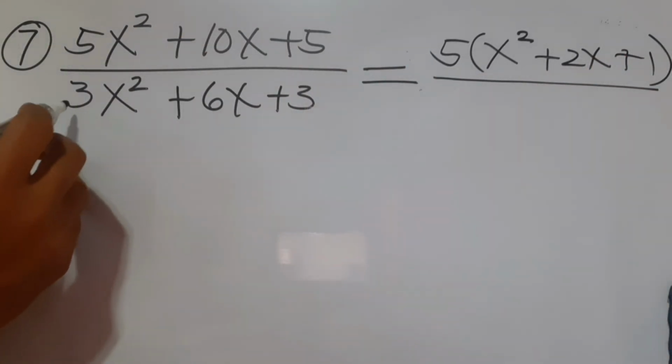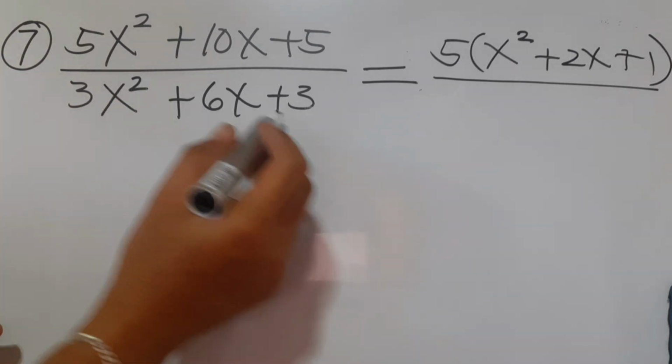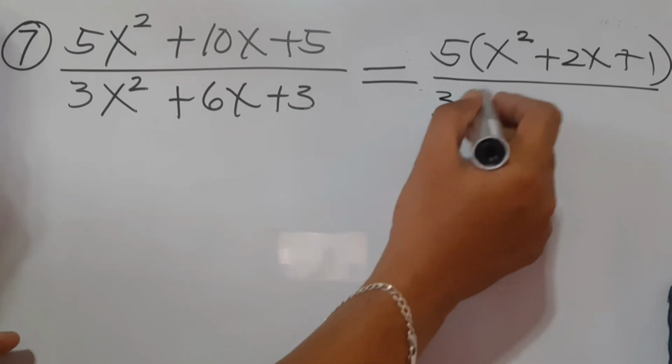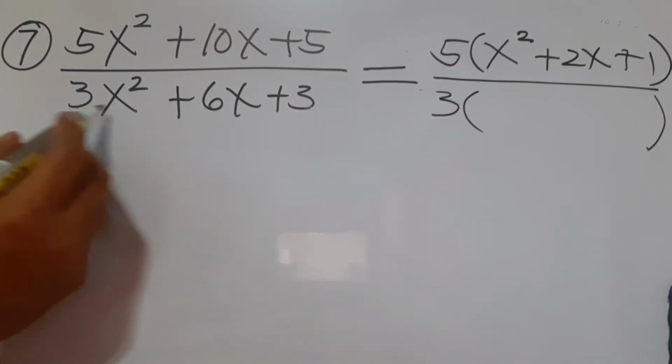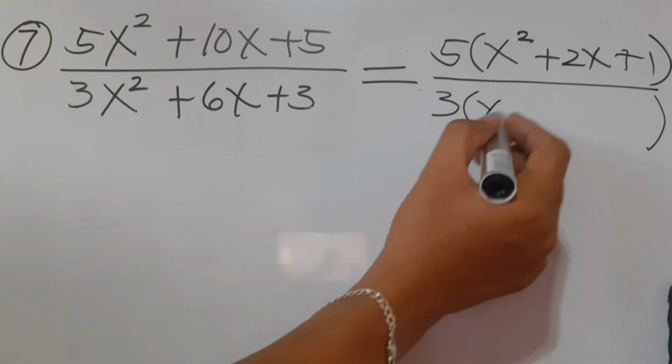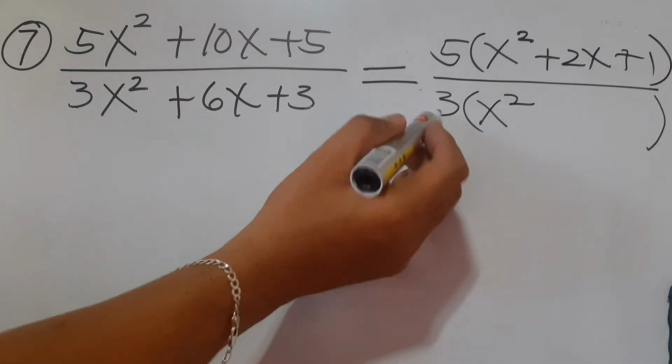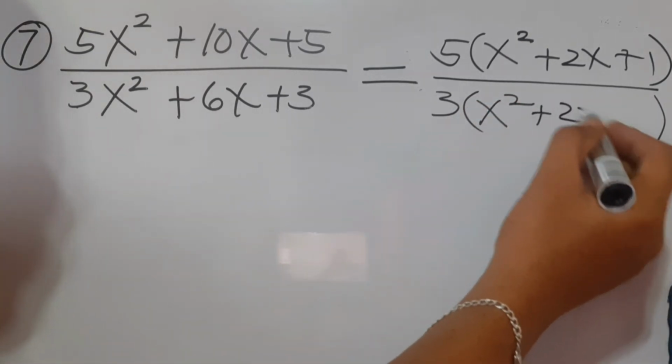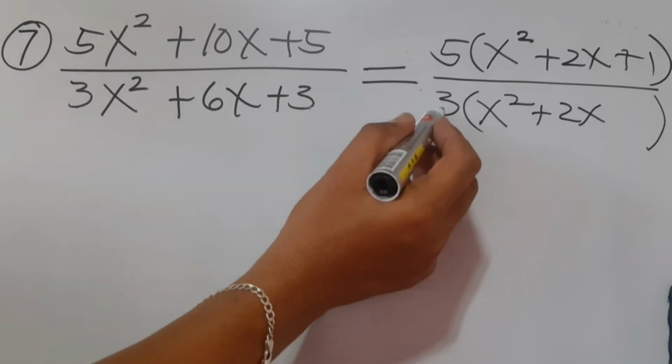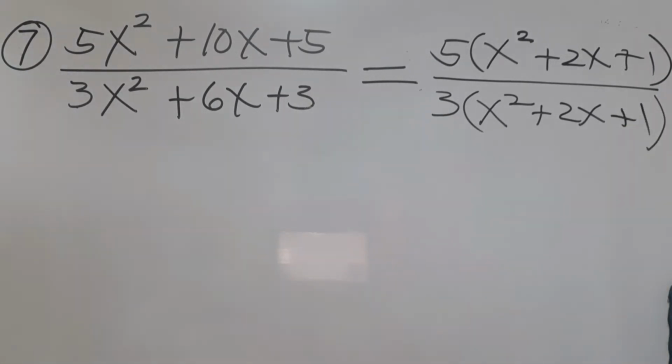The greatest common factor of the denominator 3x squared plus 6x plus 3 is 3. 3x squared divided by 3 is x squared. 6x divided by 3 is 2x. 3 divided by 3 is plus 1.